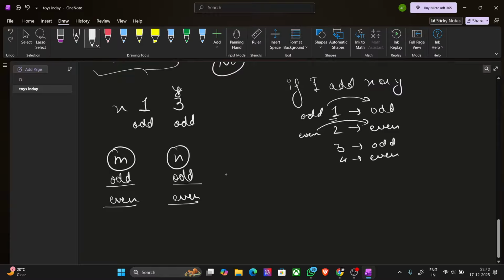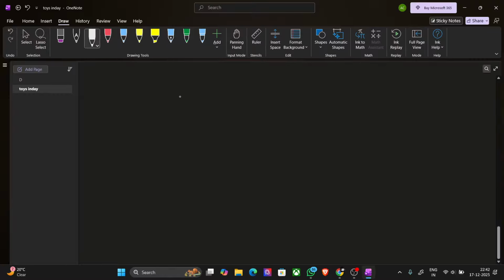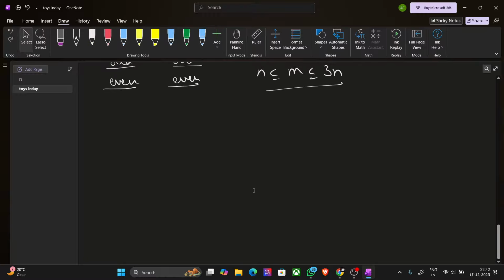Right? Now, let's see if it's possible to make any element which is in the range of n to 3n. Let's take an example. m equals 5 and number of operations, let's say 3.